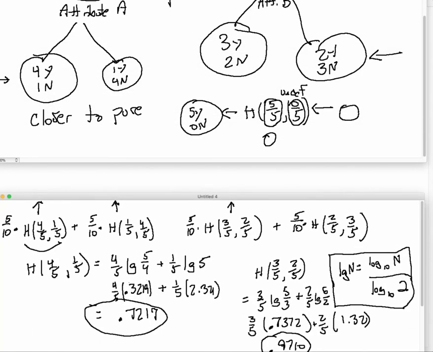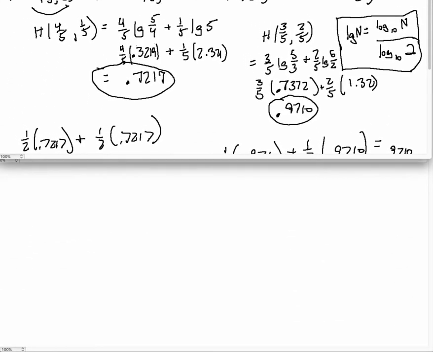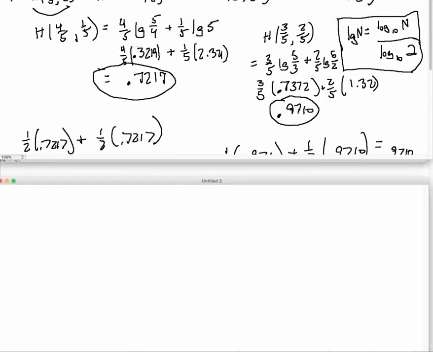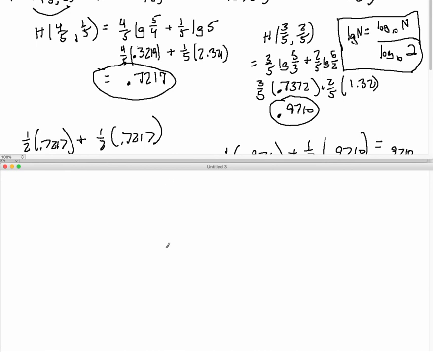And that certainly corresponds to the idea that this is closer to pure than this one over here. But what we need to do, this is the one last part of the algorithm, is we define this thing called the gain.